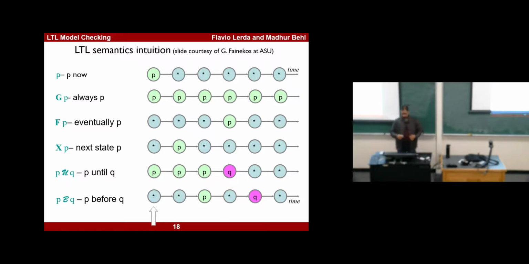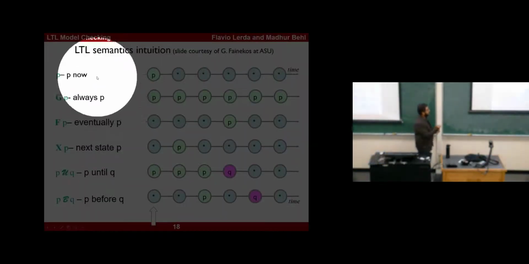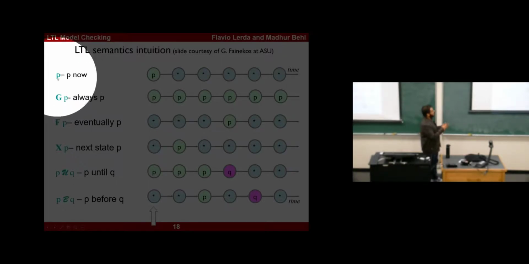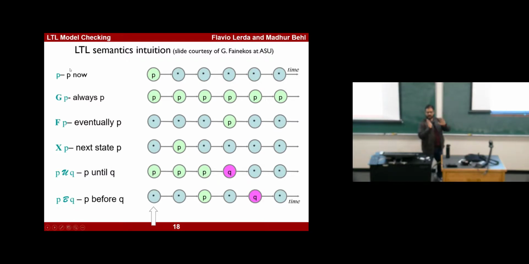So what is this semantic, right? Let's look at the first one, the topmost one. So if I just say a proposition P, I'm not doing any logical operators on P. P is an atomic proposition. So I can ask, does this trace, the topmost one, satisfy the LTL formula P?